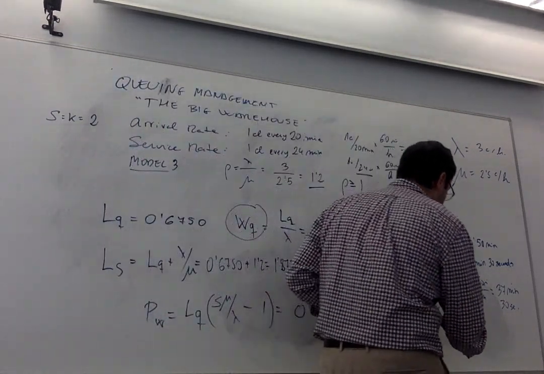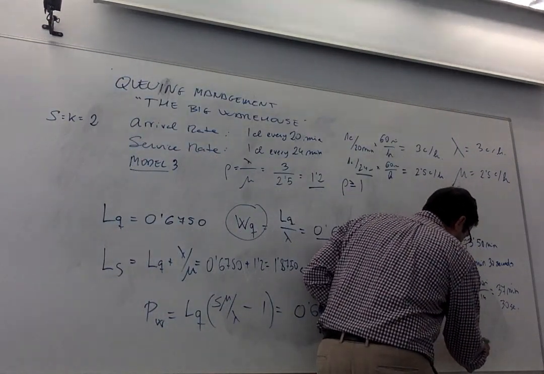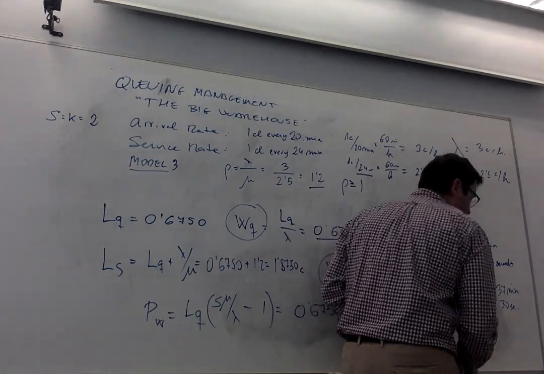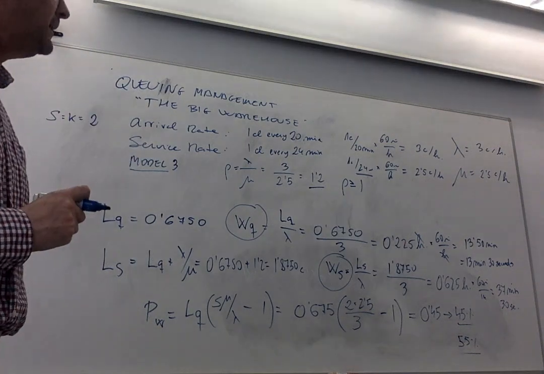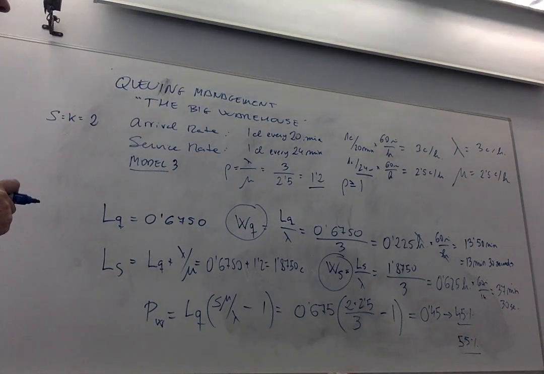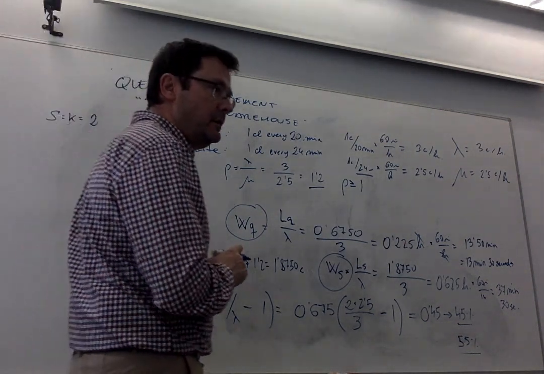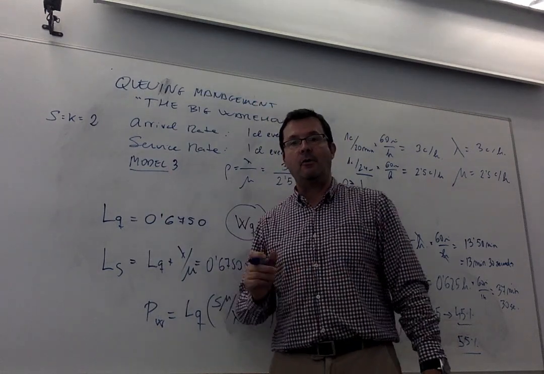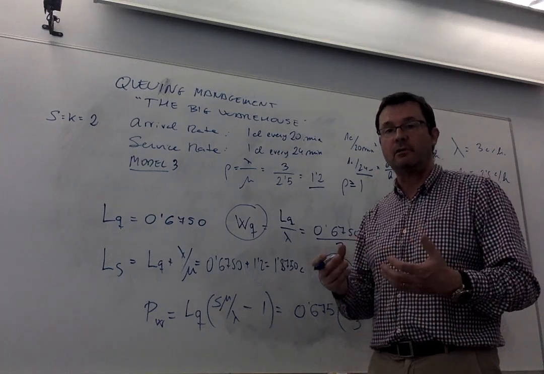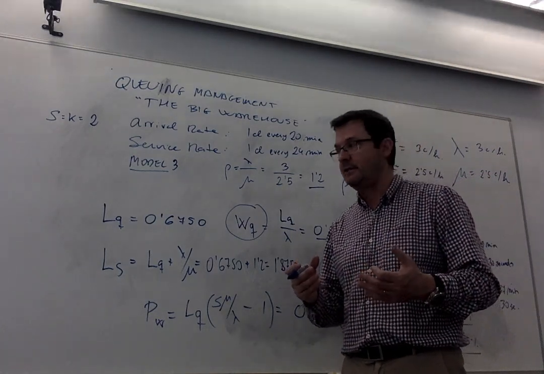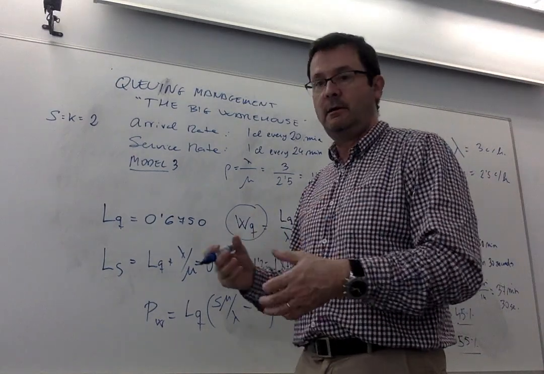But you have the chance of not waiting, that will be the complement of this, 55%. So if you're lucky, you won't have to queue. So now the situation is much better. It's much better than before. People talk about it, people know about it, and now what happens is that this business becomes more successful in terms of clients. Let's see what happens because of that in the following video.